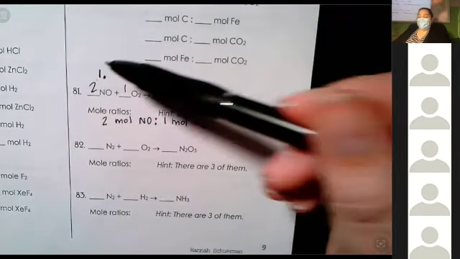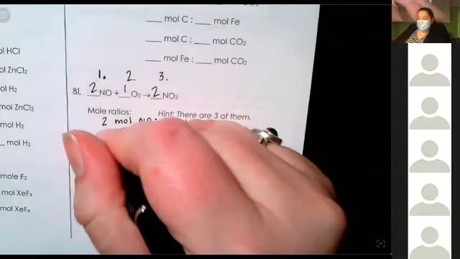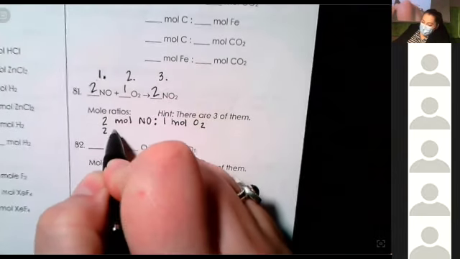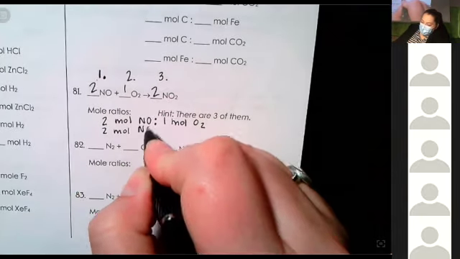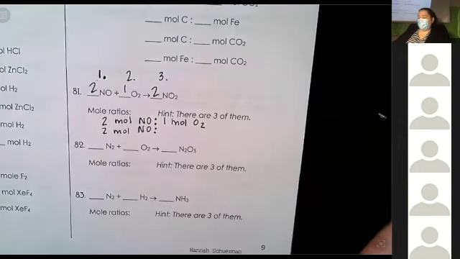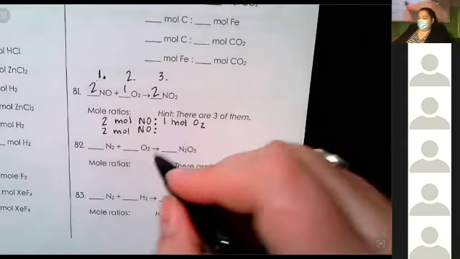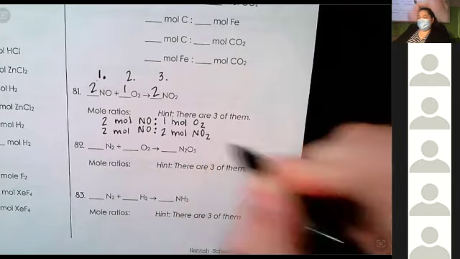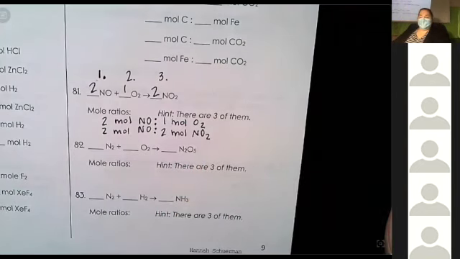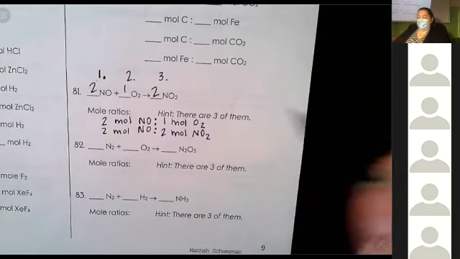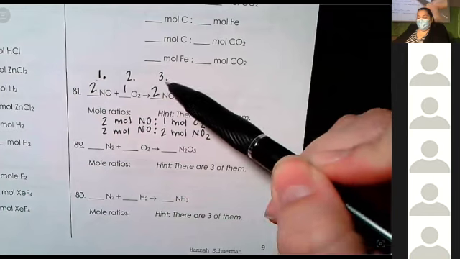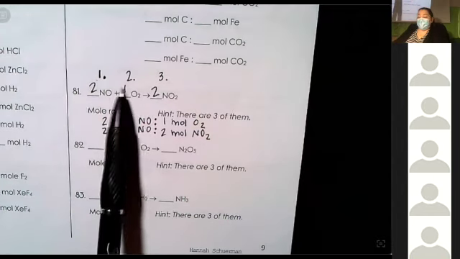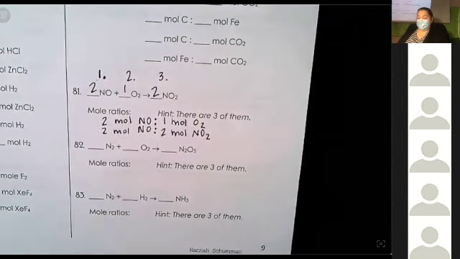Now we got to compare 1 and 3. So 1 is 2 moles of NO, and we got to compare it to 3, which is 2 moles of NO2. And now I've compared 1 to both of these, but I have not compared 2 and 3 to each other. So we got to do that.